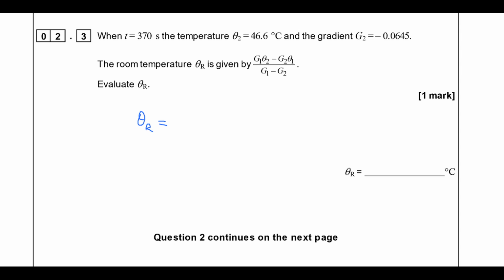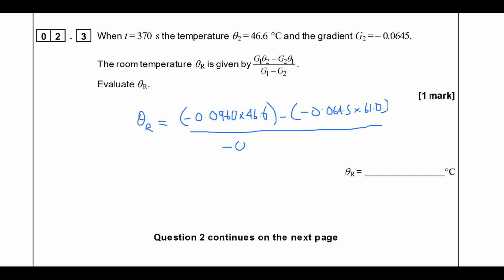So we need our first gradient, which was minus 0.0960 times our second temperature, 46.6, minus our second gradient, which is 0.0645 times our old temperature, 61.0, all divided by minus 0.0960 minus 0.0645. So let's calculate that.